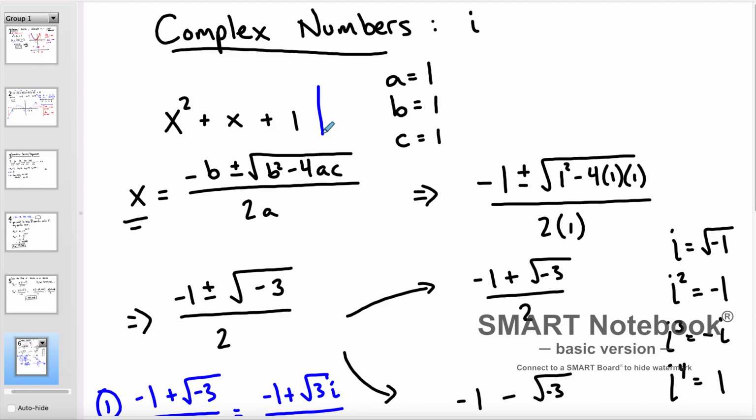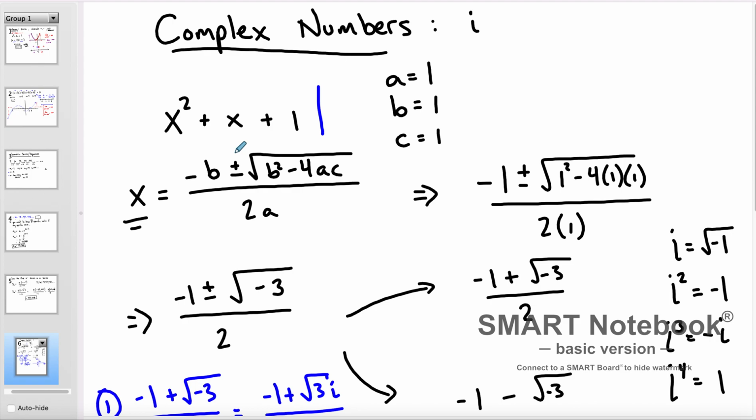Once we start trying to determine what the zeros are by using the quadratic formula, sometimes we're left with a negative square root. And we're not allowed to have this, right? And so we run into another problem.